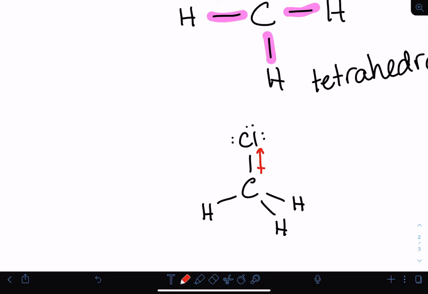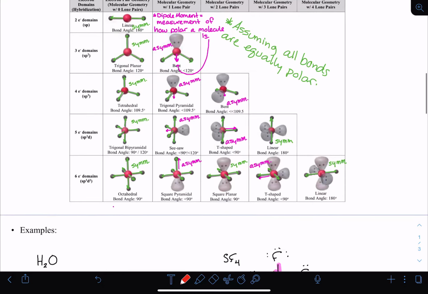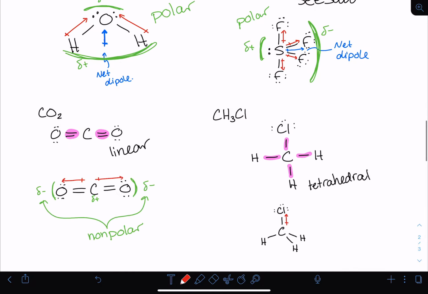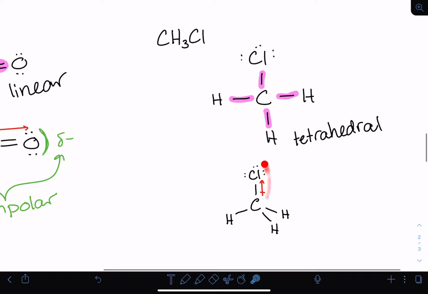So this is where people get a little bit confused going back to this chart, where I said that tetrahedral was a symmetric arrangement. It is a symmetric arrangement if all of your bonds are equally polar, which is not the case in this last example. This bond is polar, the rest of them are not.